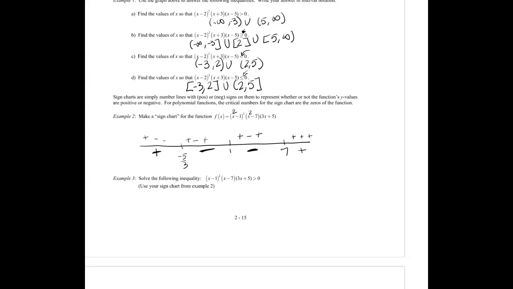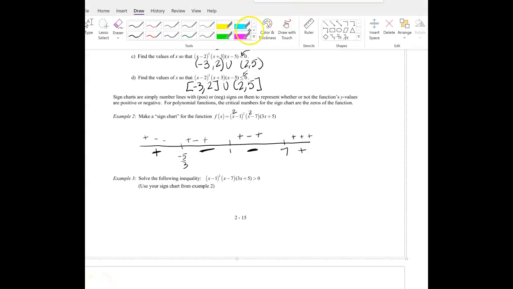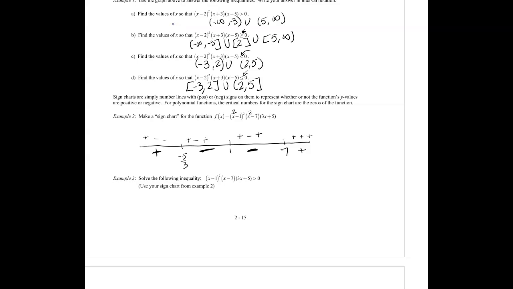Alright, so what do sign charts exactly do? Well, they tell us when our graph is above and below that axis, specifically my x-axis. If I had to do a rough sketch of this graph, I know that my y values over here would be positive. It would cross my x-axis at -5/3 because my graph goes from being positive to being negative.